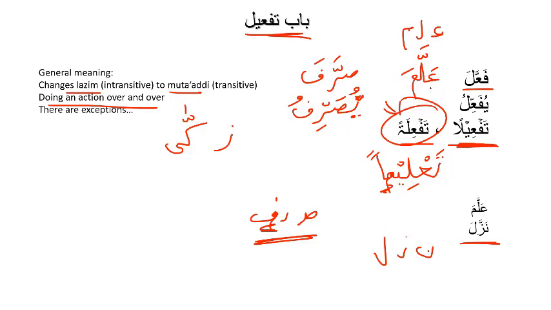When we talk about allama yuallimu ta'lim, it's the concept of transferring knowledge over and over and over. So ta'lim is not just a one-off thing. Ta'lim has to do with transferring knowledge from the teacher to the student over and over. Similarly, nazzala, the Quran came down to the Prophet over and over. It wasn't a one-off action.